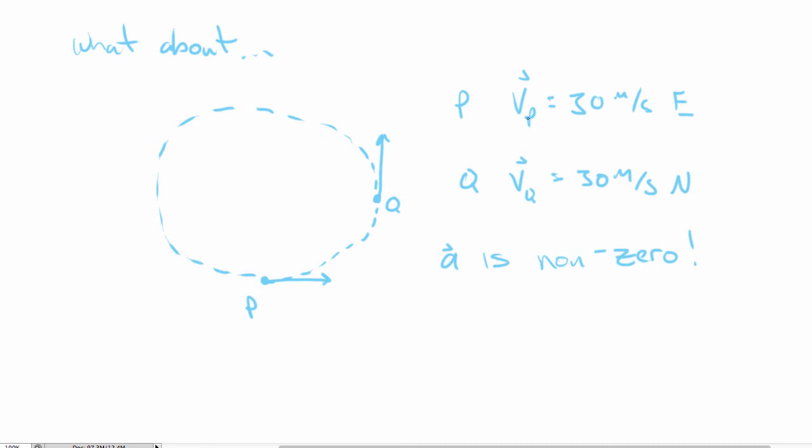Can you tell me what the direction of the acceleration is? Counterclockwise. That's a good guess. It's not counterclockwise though. Let me be more specific. What is the direction of the acceleration at point P?